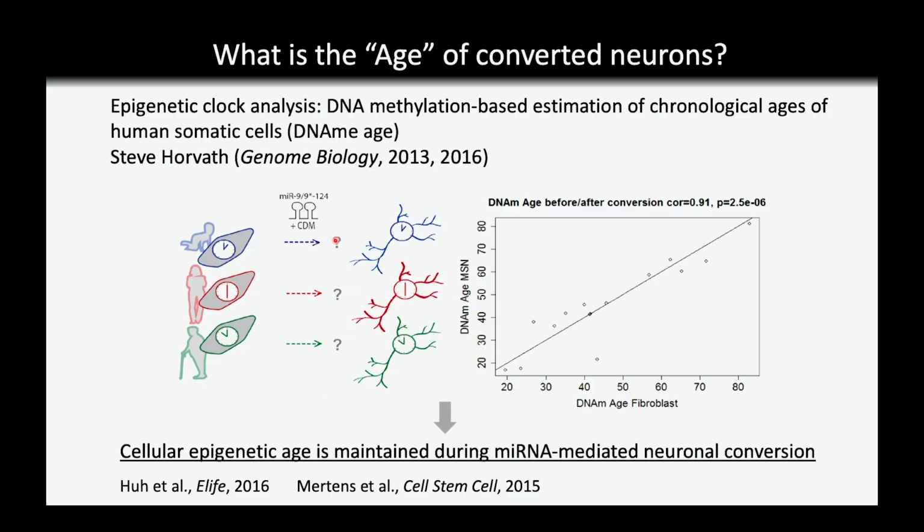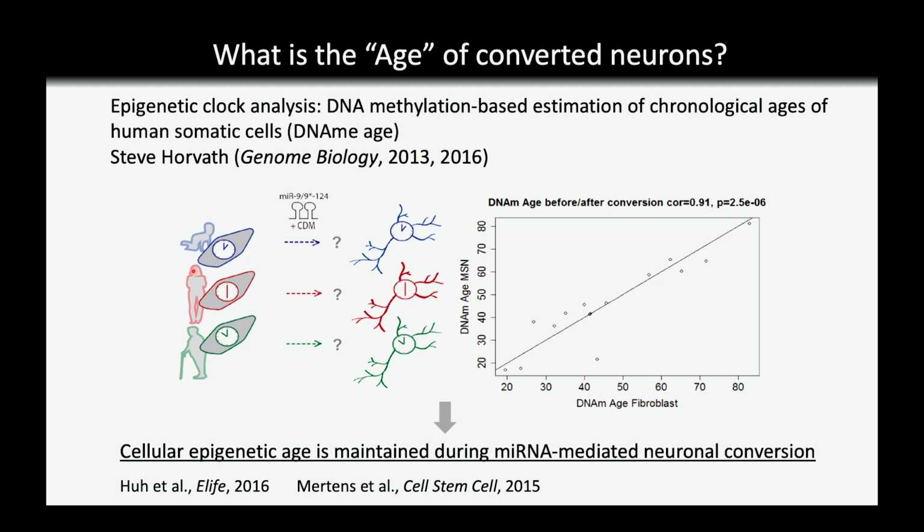So one thing that we looked at is an analysis called epigenetic clock analysis. This was discovered by Steve Horvath back at UCLA. It's a collection of DNA methylation patterns, about 350 loci in our genome, whose methylation patterns are collectively associated with chronological age.